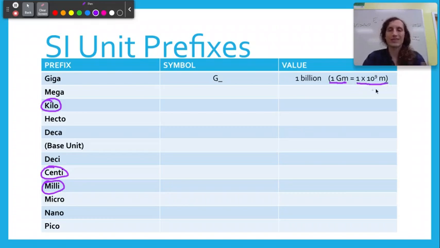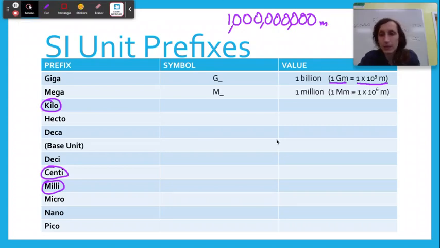And we'll talk more about scientific notation later, but 1 times 10 to the 9th means 1 followed by 9 zeros. So you can see here, 1 billion meters. That's 9 zeros after the 1.